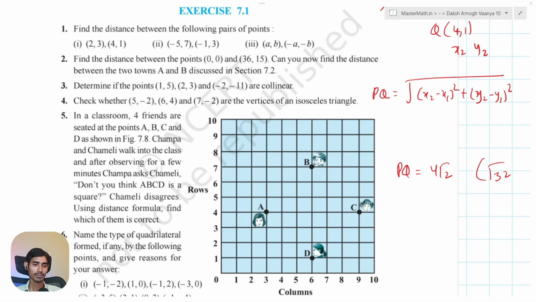Naveen, you are done? Got your answer? Yes, sir. I got root 32, or 4 root 2.